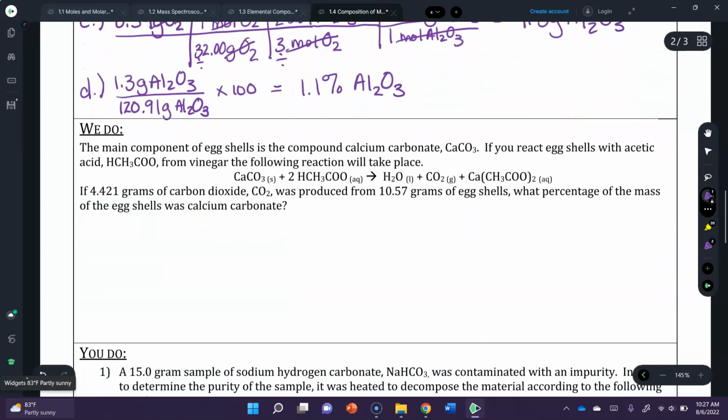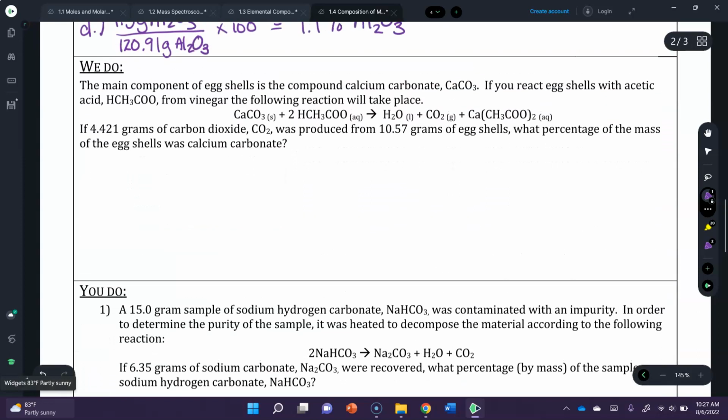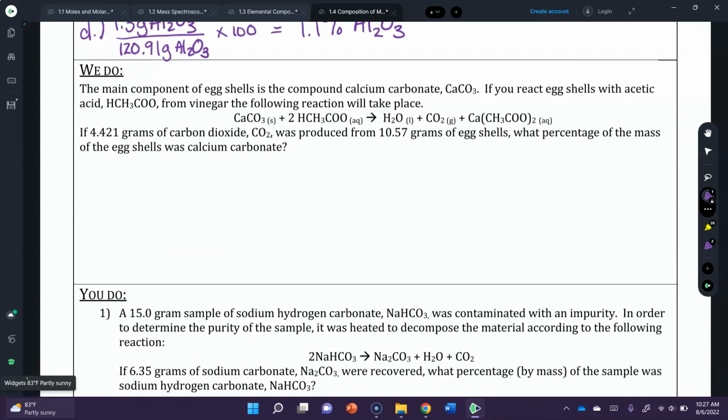Okay, now looking at the next problem. The main component of eggshells is the compound calcium carbonate. If you react eggshells with acetic acid from vinegar, so you're doing vinegar and eggshells, the following reaction takes place.